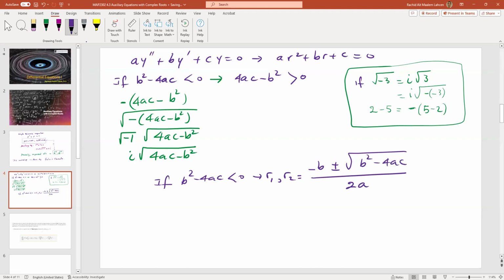Then, like in college algebra, we say we have two complex solutions, and after you put in the numbers, then i shows up. But here we'll make it show without using the numbers, because I'm going to use this part here.